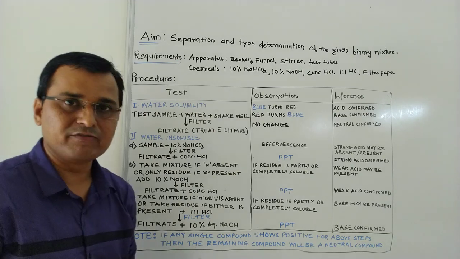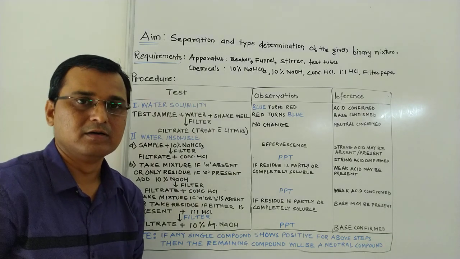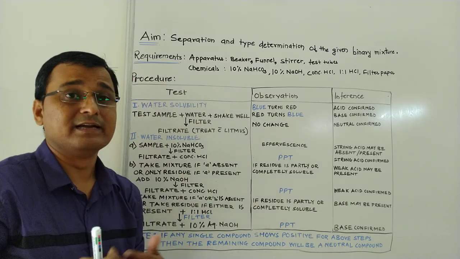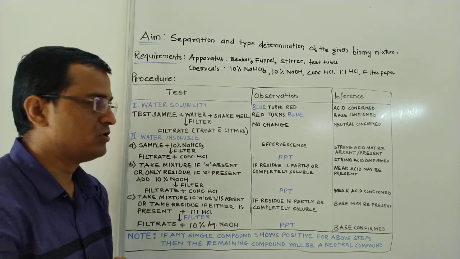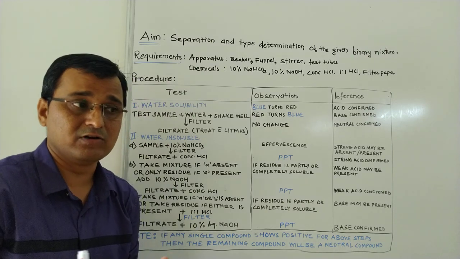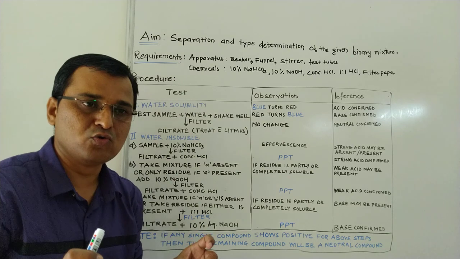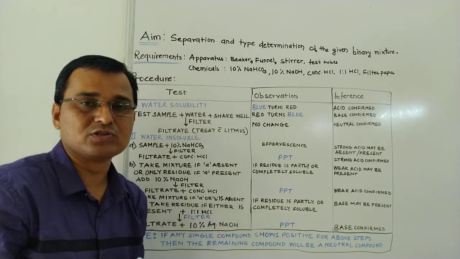If we have two liquids, depending on the boiling points of those two liquids, we will decide the distillation method for their separation. For example, if we have a methanol and ethanol mixture, they have very close boiling points.